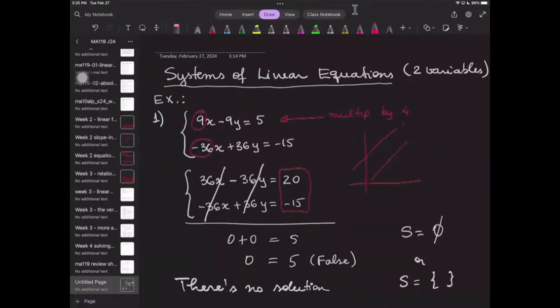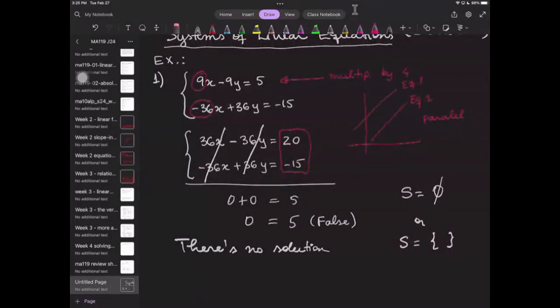So I have the graph of equation 1, and I have the graph of equation 2, and because they are parallel lines, they never meet. And if they never meet, there's no common point or points that satisfy both equations. So I have no solution. We can see this visually in the graph, as parallel lines, meaning no solution.